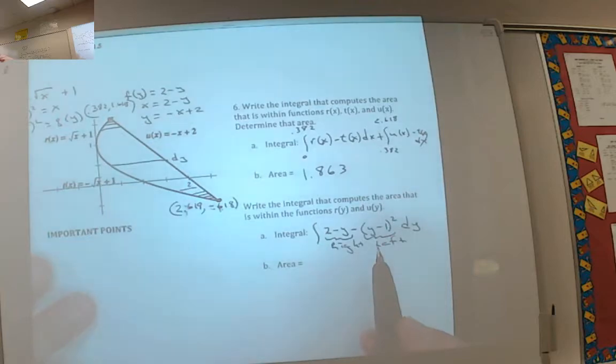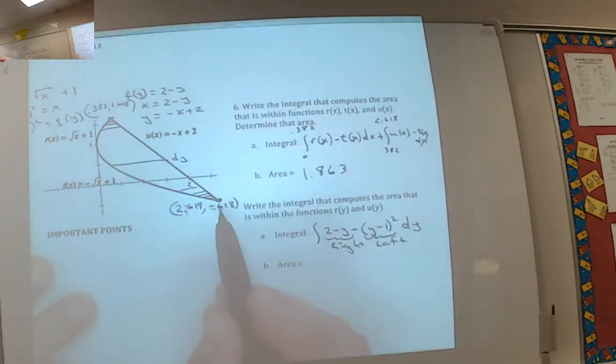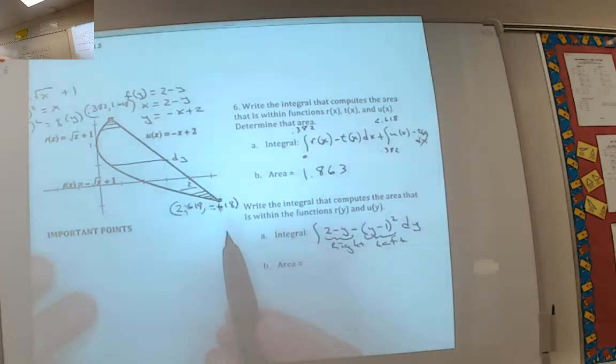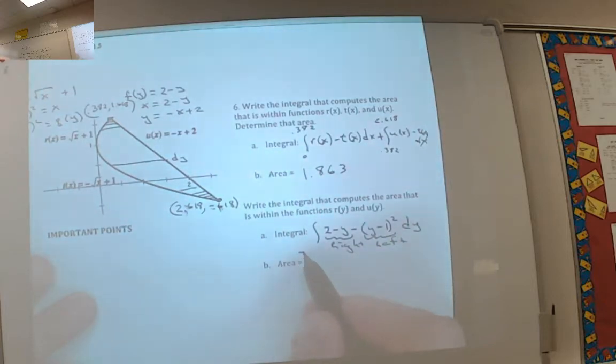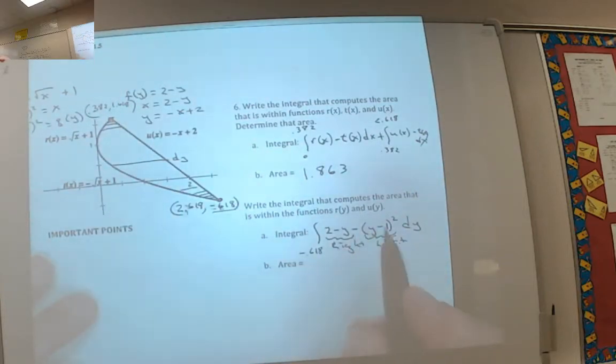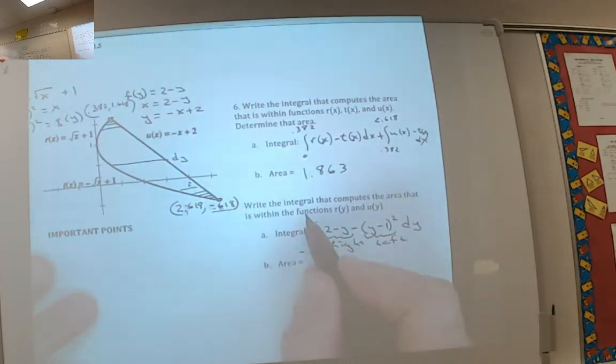Now, what does a and b have to be? Well, since it's starting here and moving up, and everything has to be in terms of y, I'm going to use the y coordinates, not the x coordinates. So I'm going to integrate from a negative 0.618, which is my y value, to the uppermost value, which was 1.618.